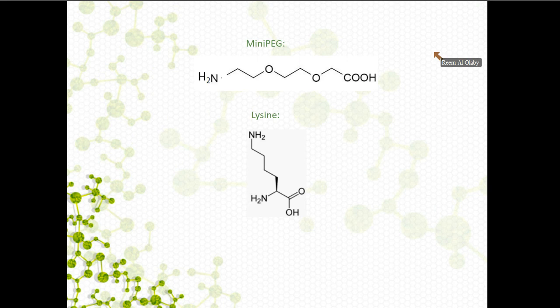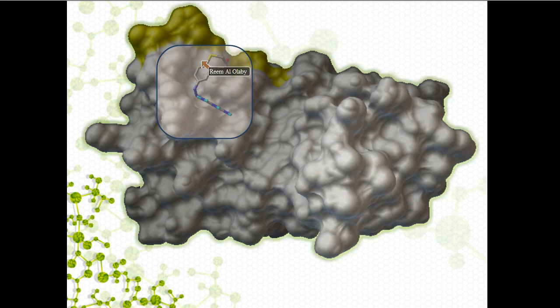How do we link them? We link them using mini polyethylene glycol moieties, as we can see there, the COOH and NH2, and also a lysine. The mini polyethylene glycol moiety helps us to control the length of the shell, and the lysine gives the branching in order to mimic the monoclonal antibody. So we simply measure the distance computationally between the carboxyl group, for instance, of one ligand and the amino group of another.